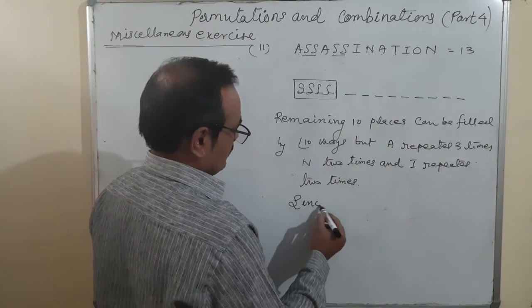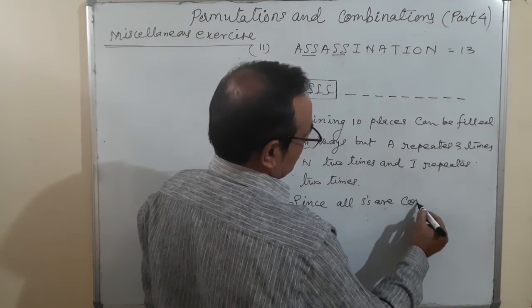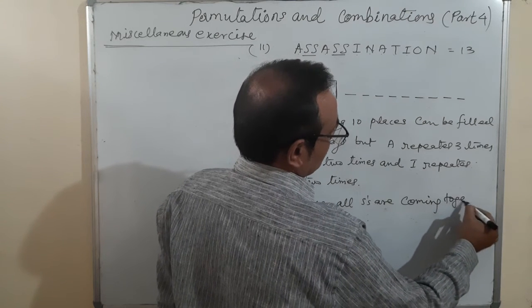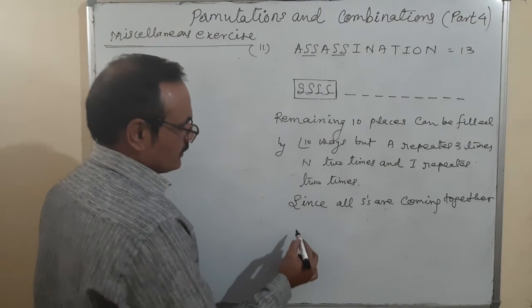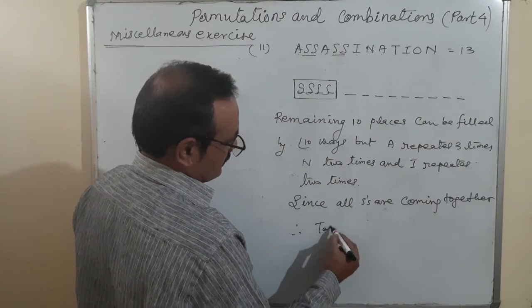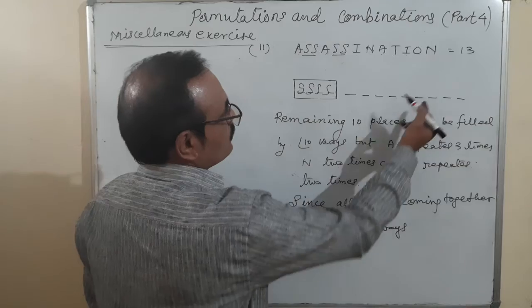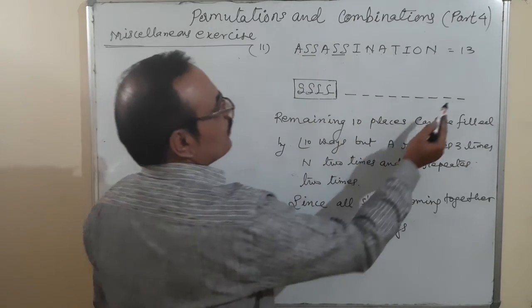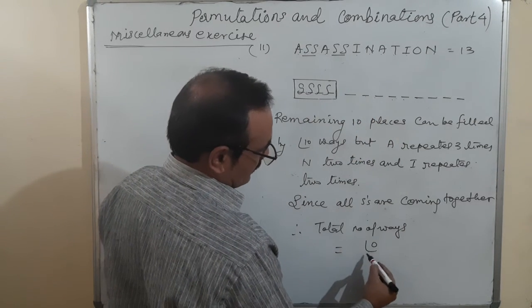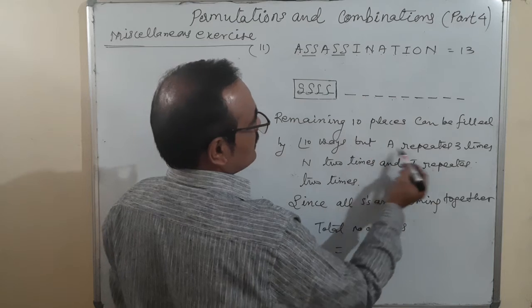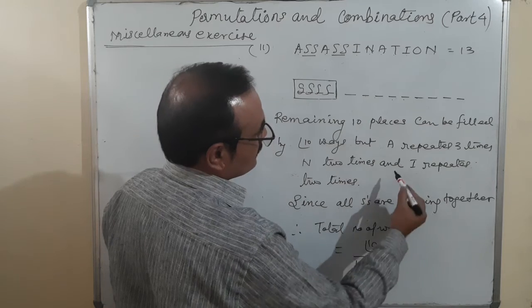Since all the S's are coming together, the total number of ways is factorial 10 upon the repetitions: A 3 times, N 2 times, and I 2 times.